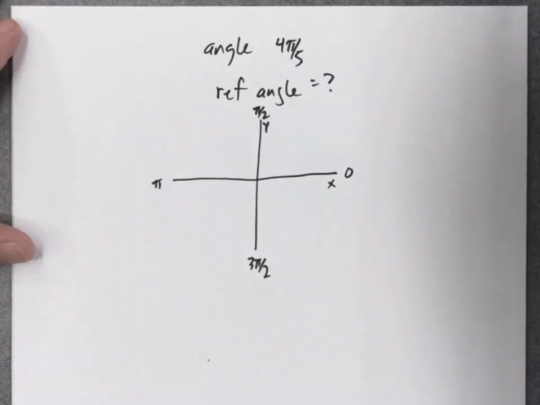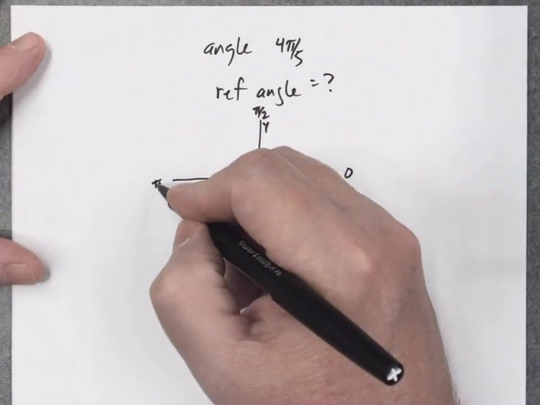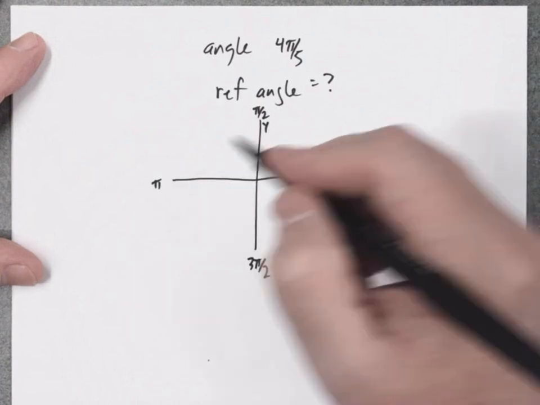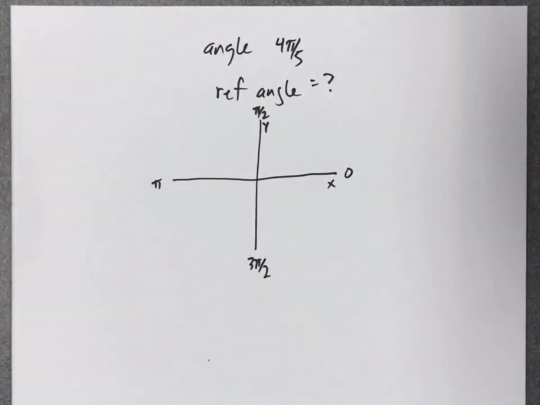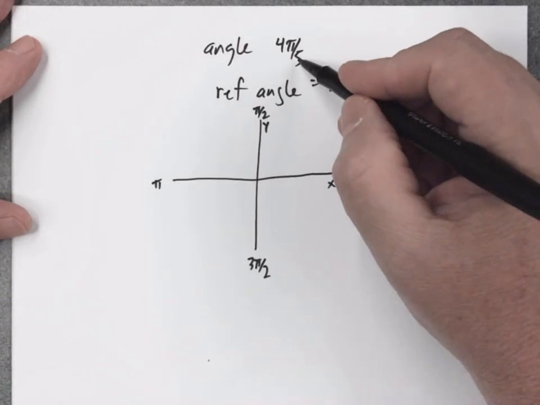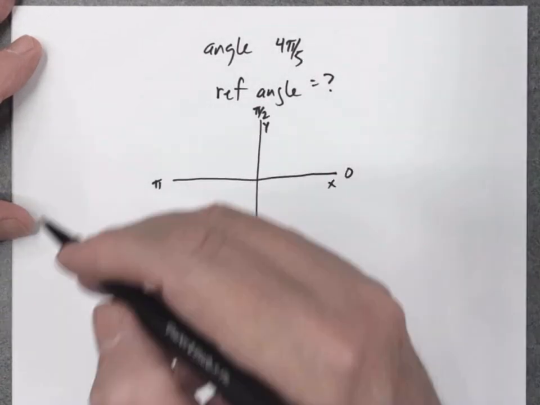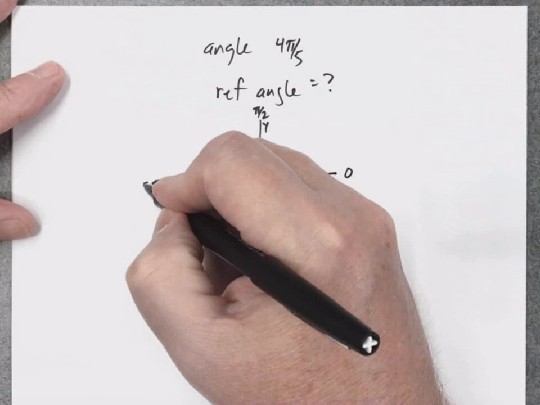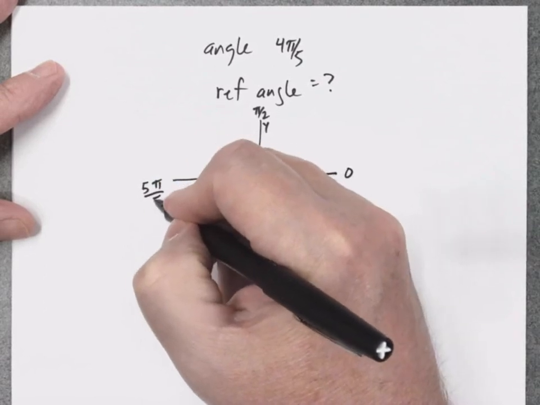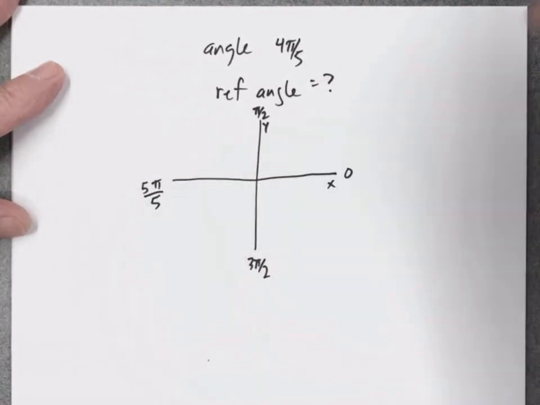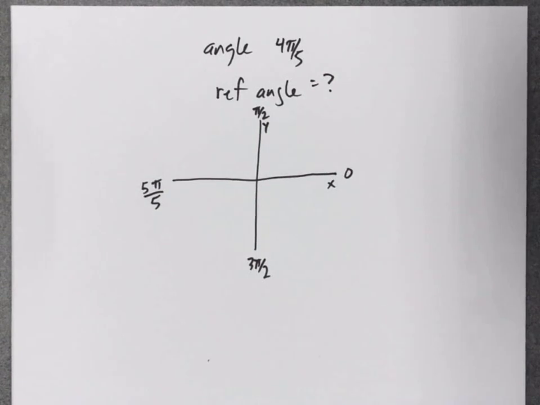Here's what I always do and what I suggest you do. Zero is here, pi is here. I want to rewrite this angle pi and convert it so that it has a denominator of 5. Now I'm going to write it here and hopefully you'll all see that this is pretty obvious. 5 pi over 5 is actually the same as pi.